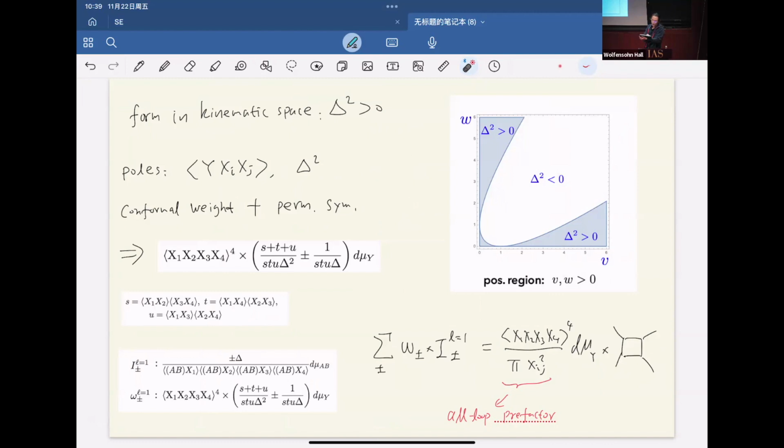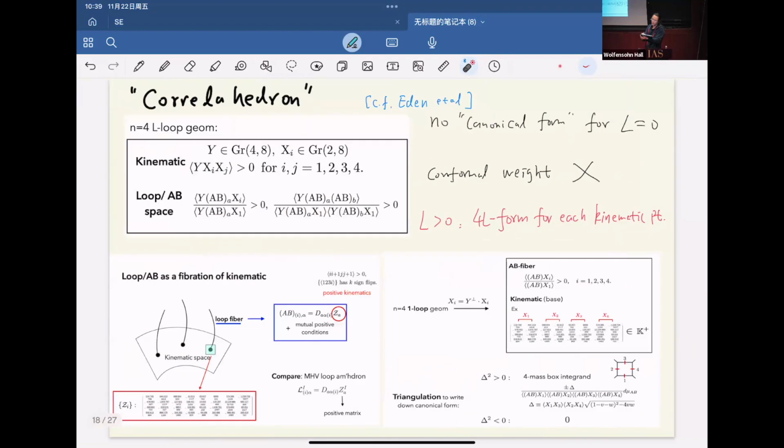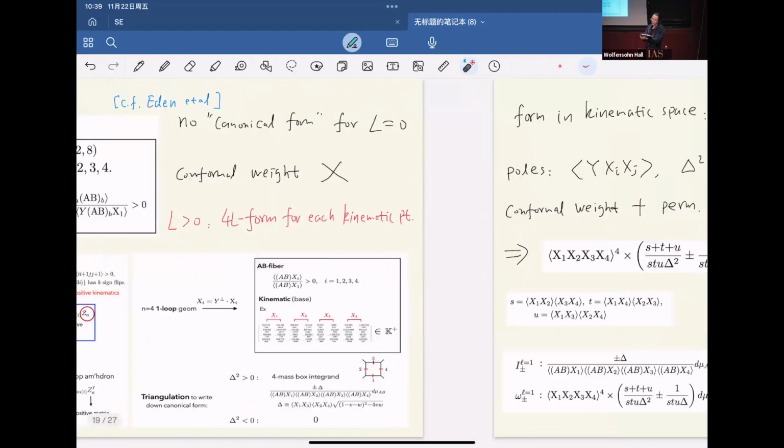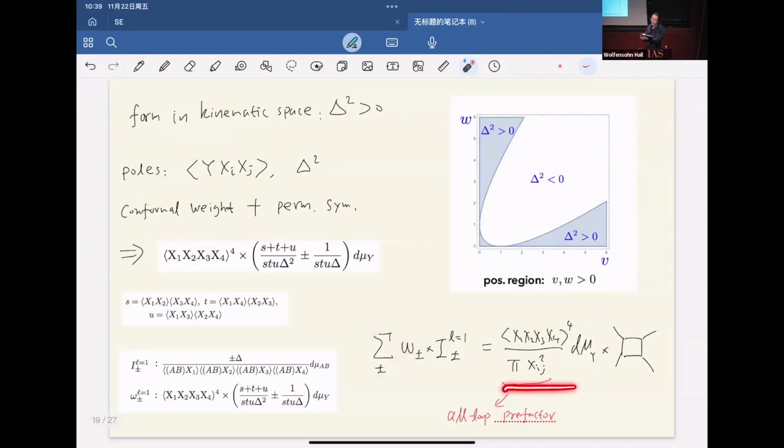Okay, so you have some tree form, which has a plus or minus delta in it. And then you have this one loop box you computed that also has a plus or minus delta. You need to sum over this plus and minus, and that gives you the final answer for the one loop correlator, where this prefactor is actually some all loop prefactor taking care of the non-renormalization theorem, and this is the one loop box in it.